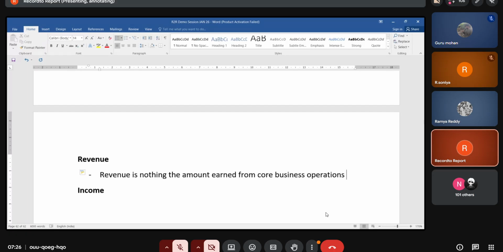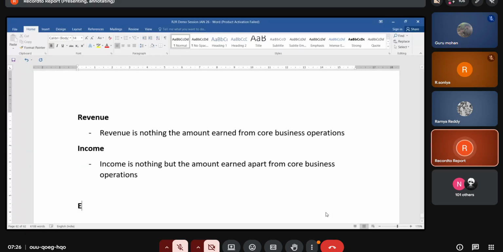Income is the amount earned apart from core business operations. For example, assume my company is into manufacturing.